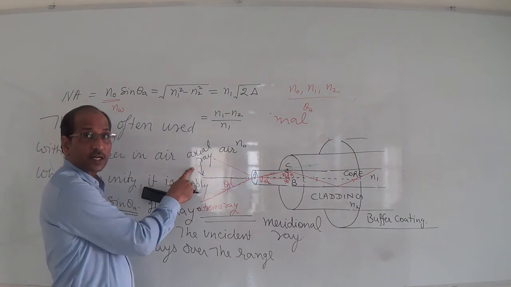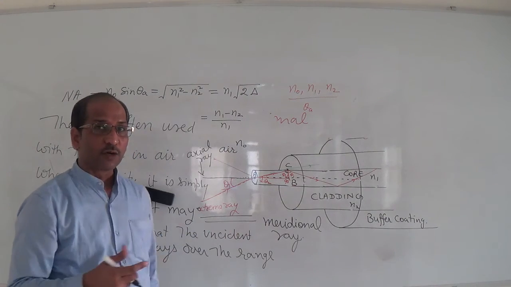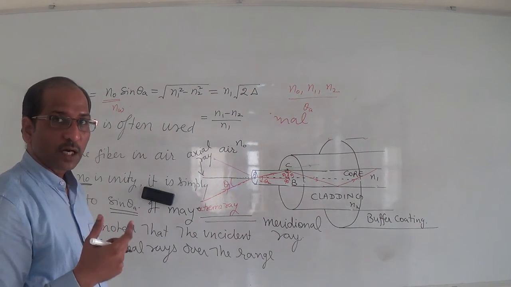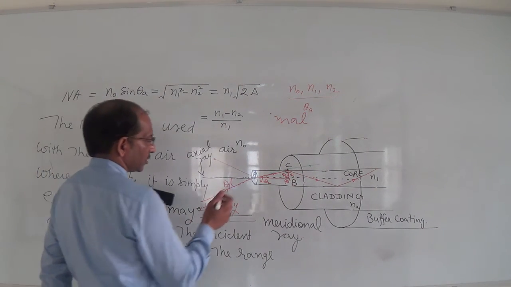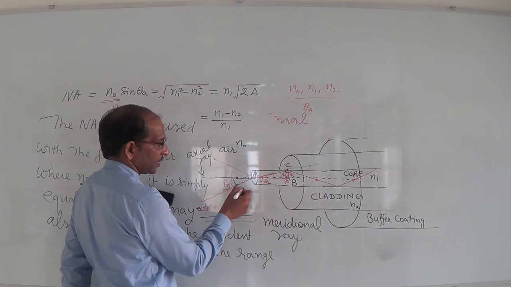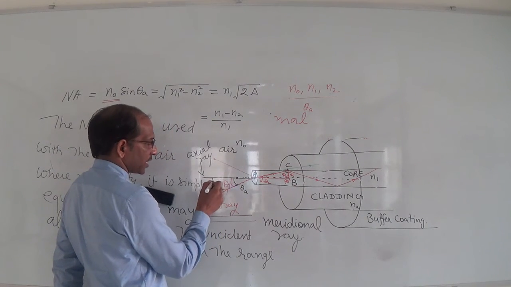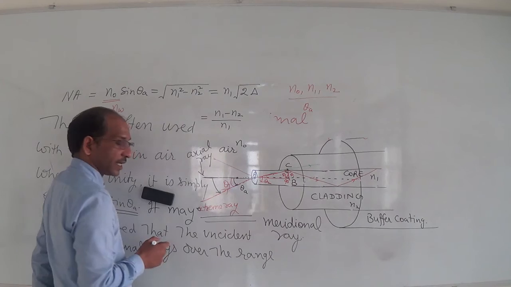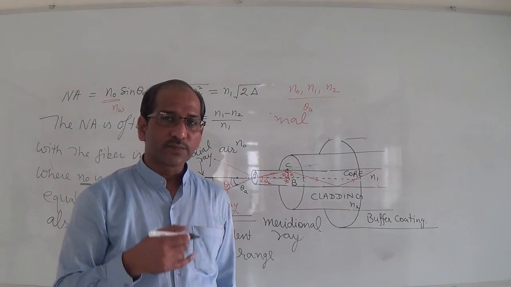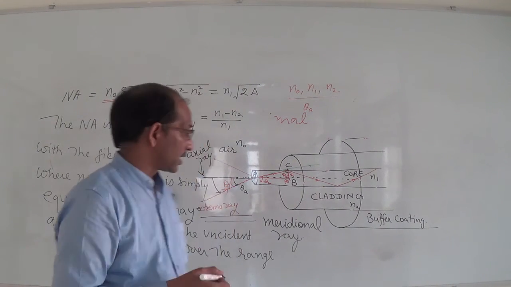One is the axial ray and the second is the extreme ray or meridional ray. So the limiting value of theta 1 is 0 to theta A. This is the maximum angle, and that is theta A. So the range of theta 1 in this case will be 0 to theta A.